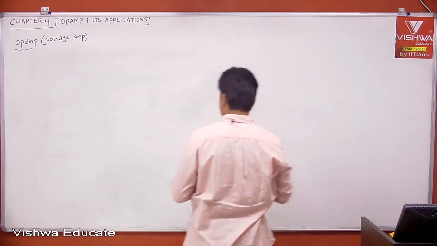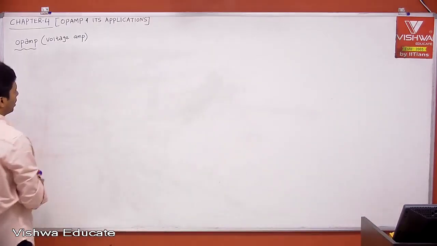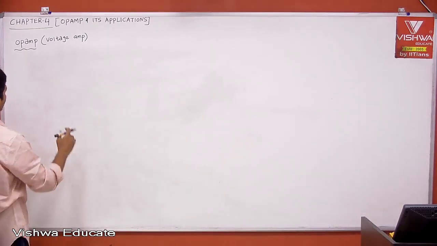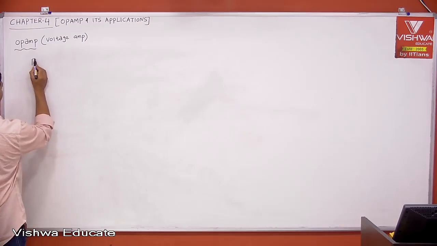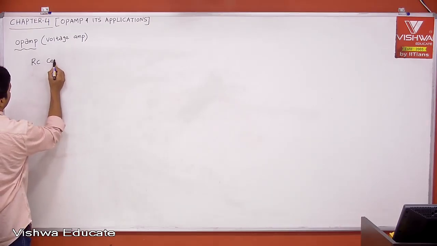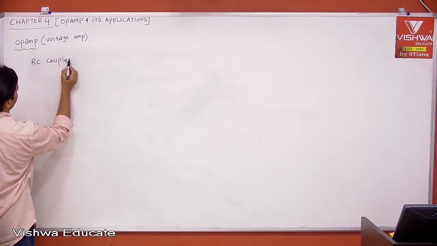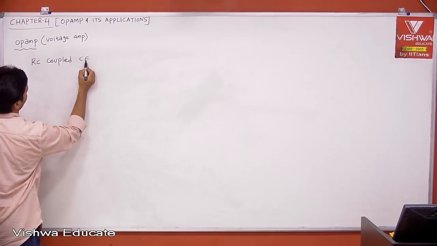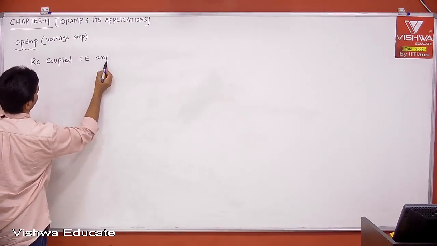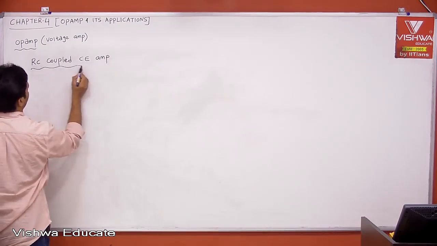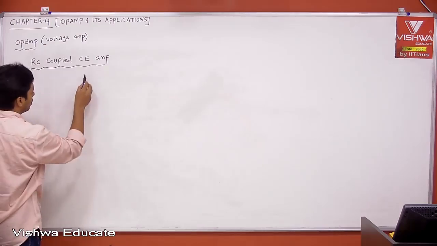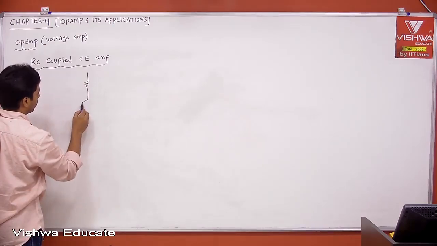Now, before going to direct coupling or the differential amplifier, consider the RC coupled CE amplifier, or CS amplifier, anything is fine, whether it is a BJT amplifier or FET amplifier, right? What did we see? Just listen, don't write anything.